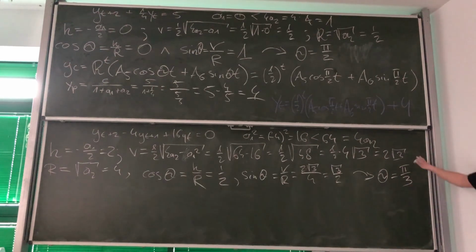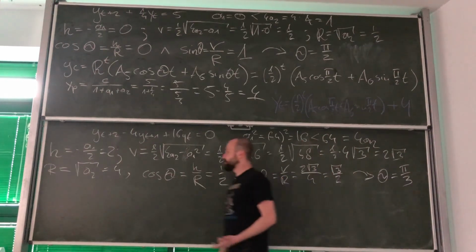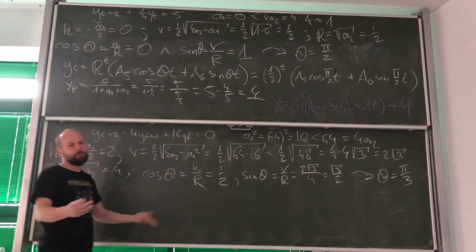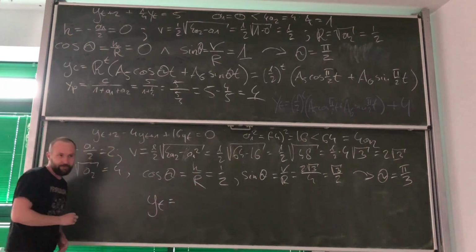Okay, so if we've got theta, we have everything that we need in order to find the complementary function. However, as this is a homogeneous equation, the complementary function constitutes the full time path, right?